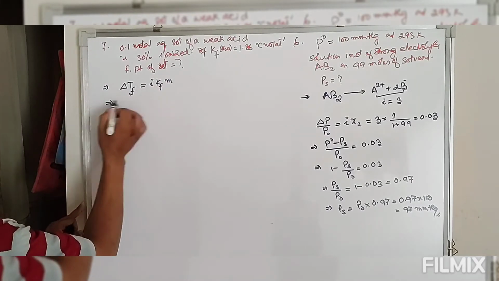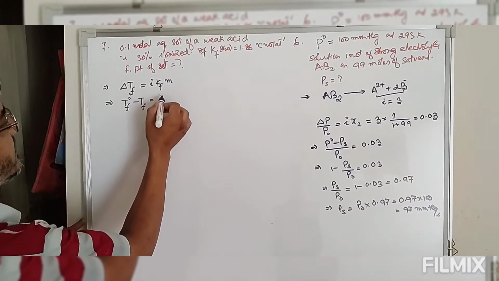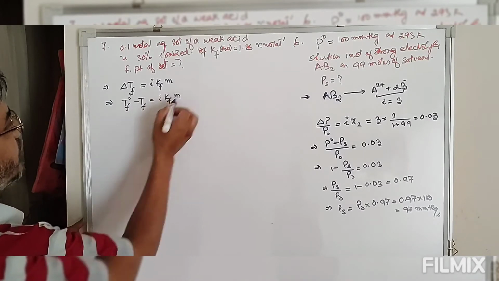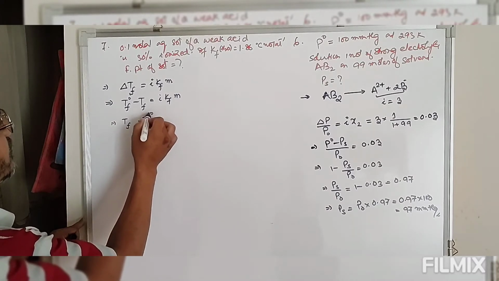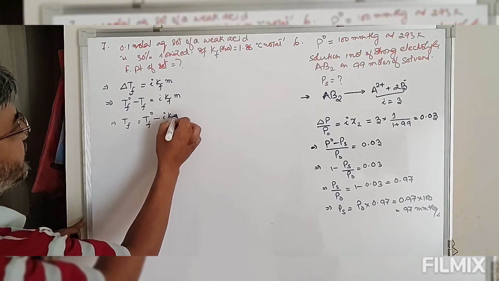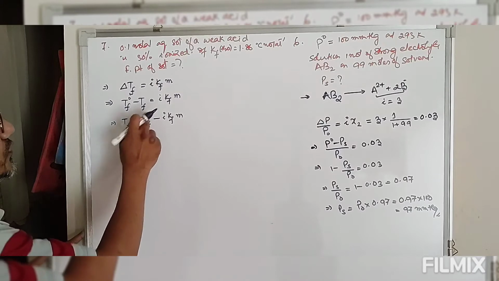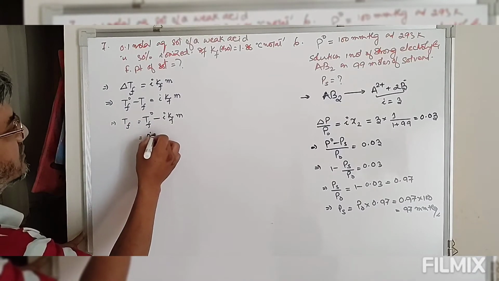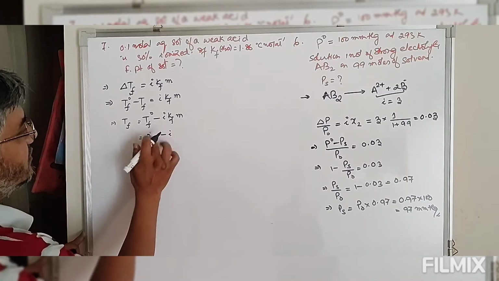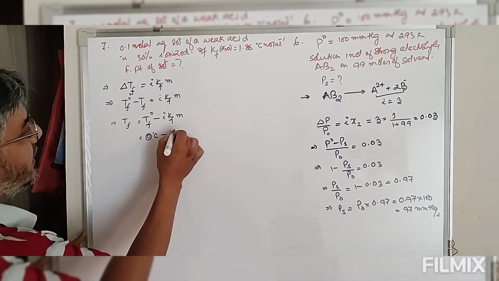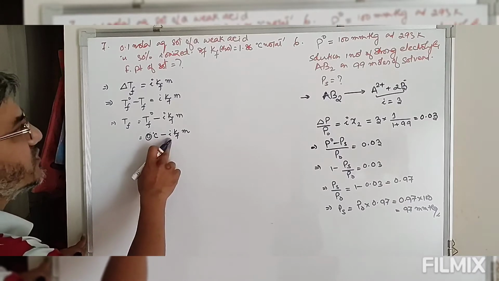Delta Tf is Tf naught minus Tf, which equals i times Kf into m. So the freezing point of the solution is Tf naught minus i times Kf m. The freezing point of pure water is 0 degree centigrade minus i times Kf into m. Kf and m are given, we have to find the value of i.